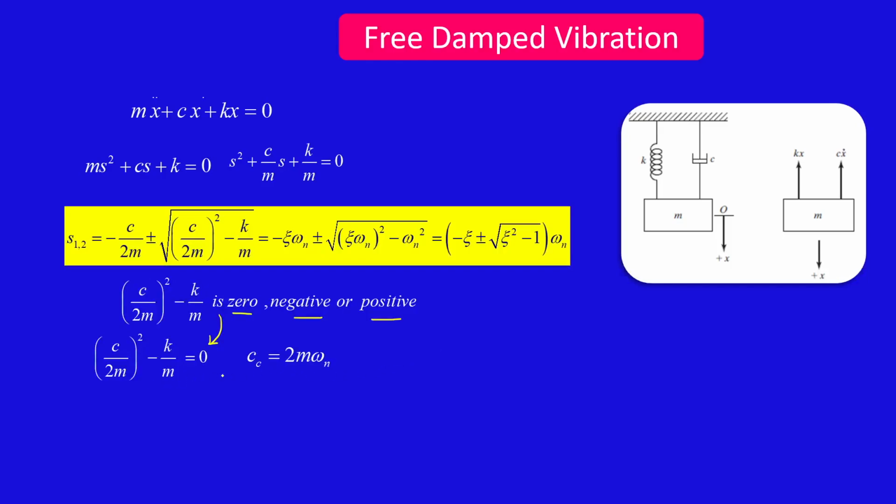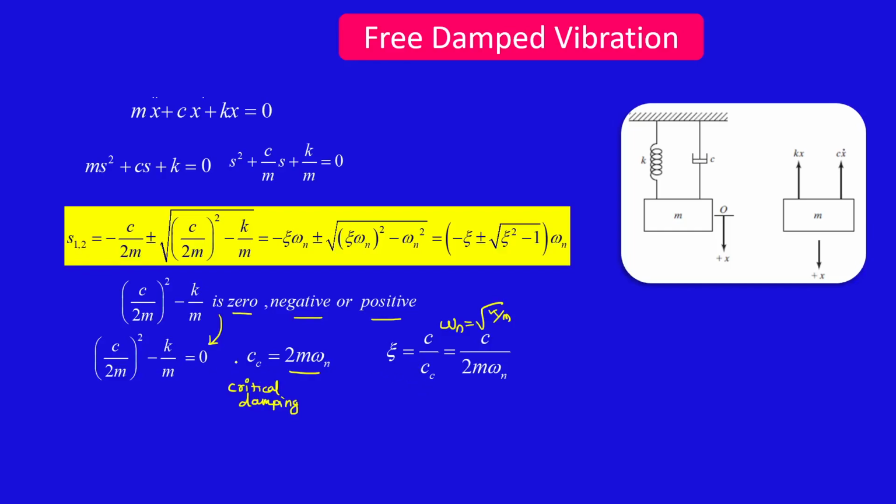C equal to 2m omega n, where omega n equal to square root of k by m. This is called critical damping. This condition is very important. There is a constant eta. We can take eta as C by Cc, the ratio of C and Cc.